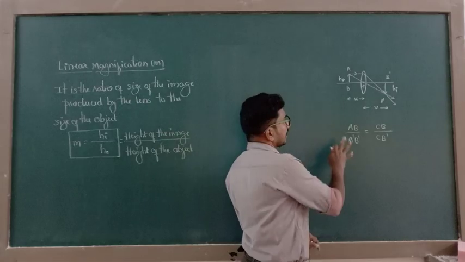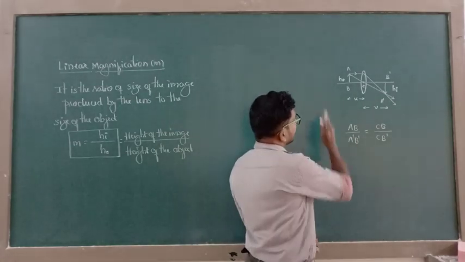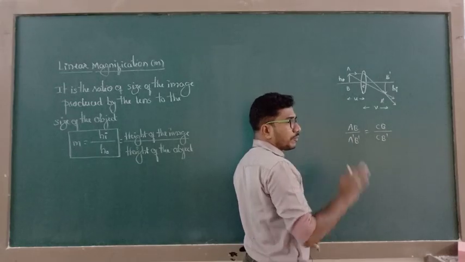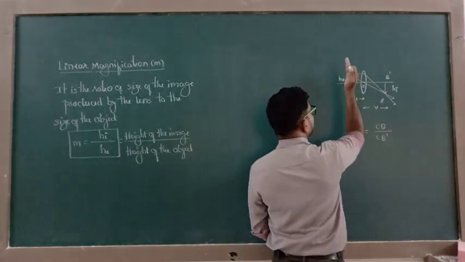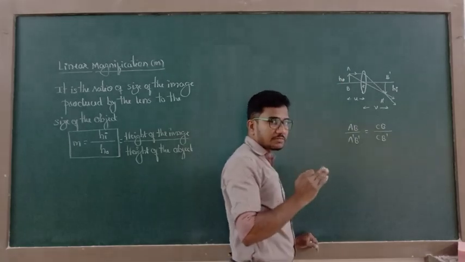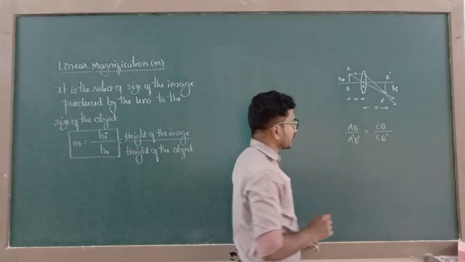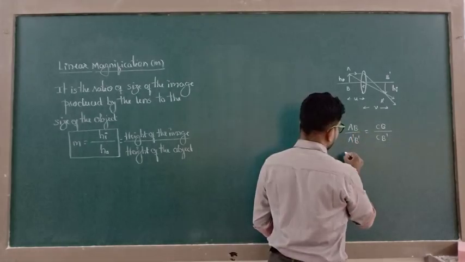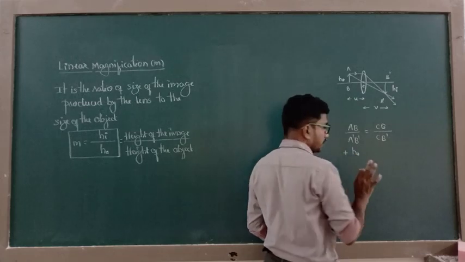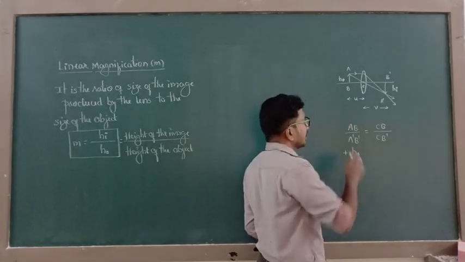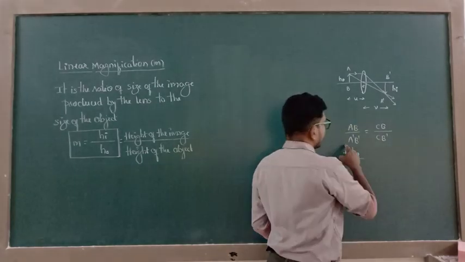Now applying the Cartesian sign convention in this equation: upward distances measured perpendicular to the principal axis are taken as positive. Therefore, AB is equal to plus H subscript O, because we don't know the exact height of the object, divided by A dash B dash.